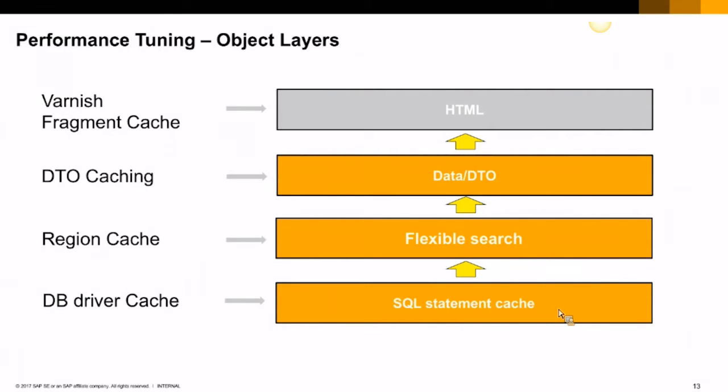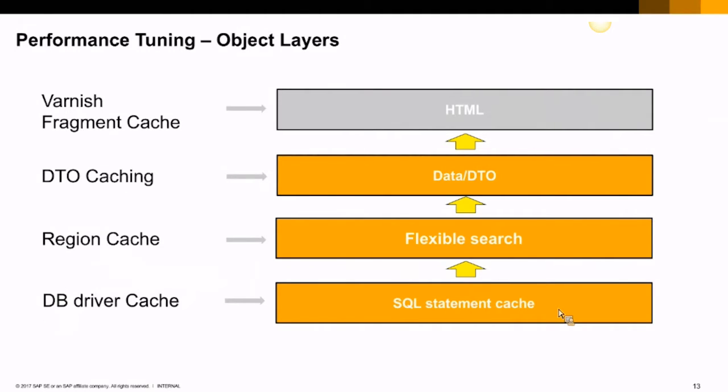So let me list the typical performance caching mechanisms that we have at each of the different layers of the Hybris architecture. If we speak about the HTML part or the static content, the caching mechanism that we have in Hybris is more related to fragment cache.